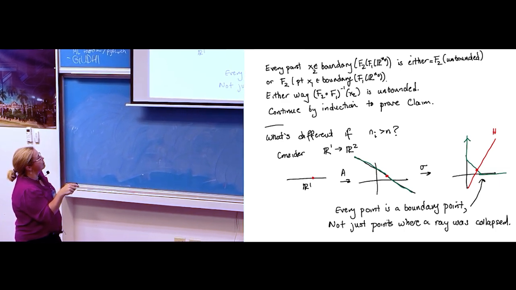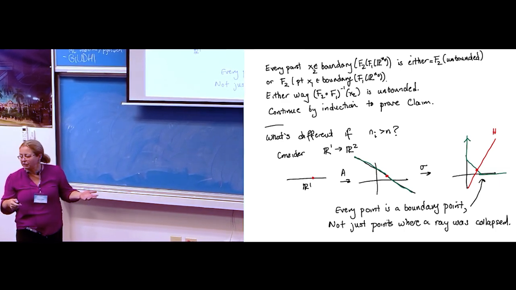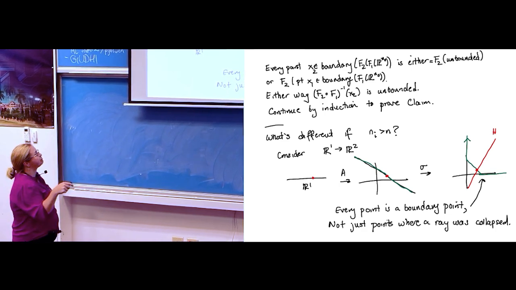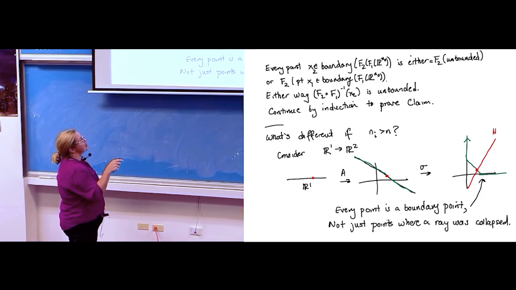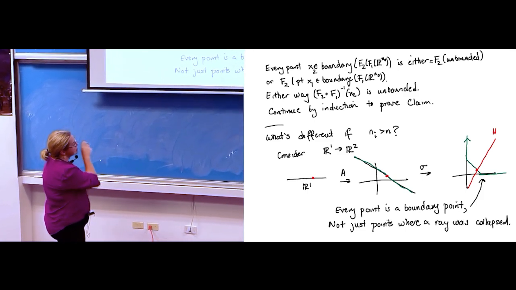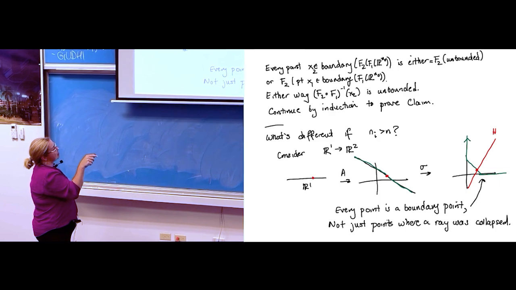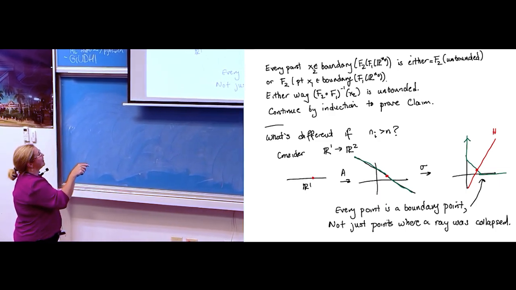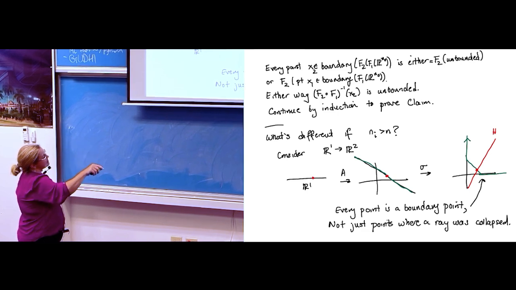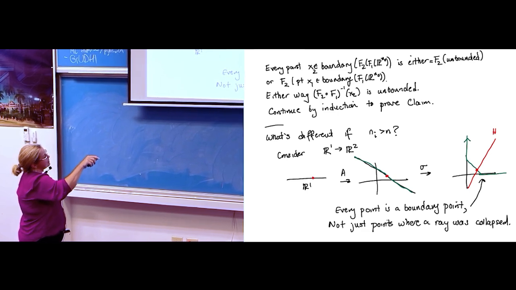But what's the problem? You might be wondering, why did it matter that they were all the same size, all the same ends? What would go wrong if one of those intermediate spaces was bigger? Here's an example, R1 to R2. Obviously, 2 is bigger than 1. So here's R1, and you send it into R2, and then you do the ReLU.